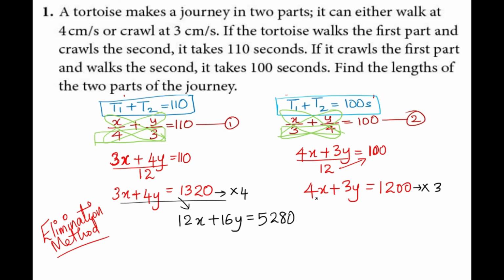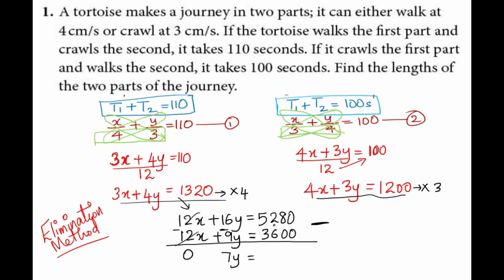I'm going to get this equation as 12x plus 9y equal to 3600. Subtracting the equations, I have 12 minus 12, so 0, it's eliminated. 16 minus 9 is going to be 7y. 5280 minus 3600 is giving me 1680.